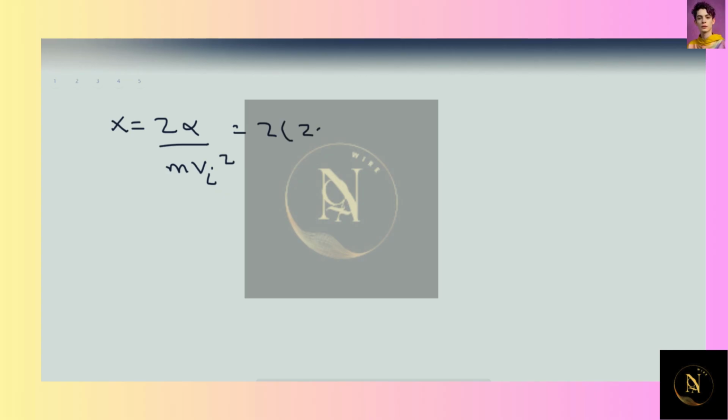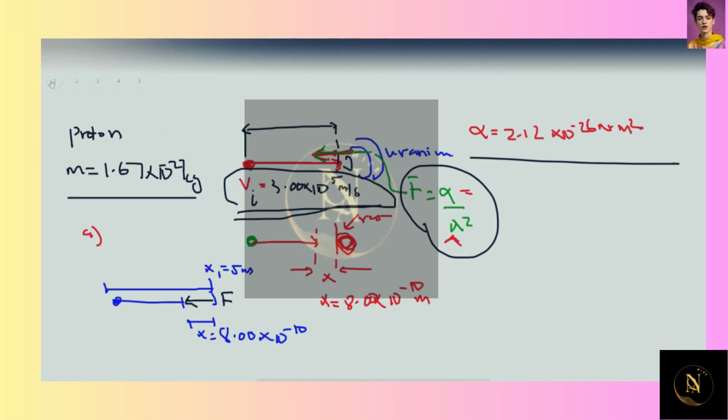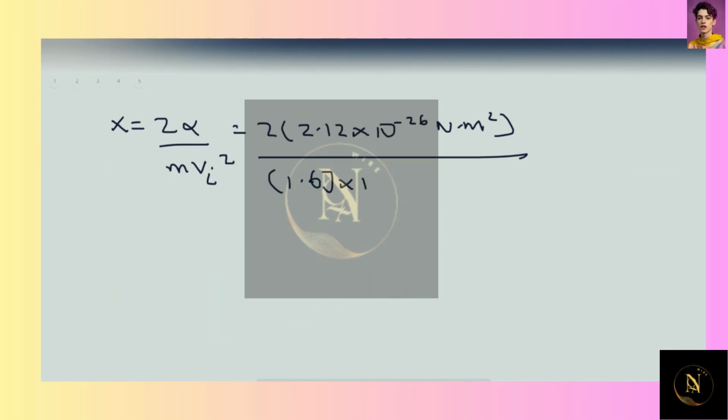It's always a good habit to keep your variables up until the end. Remember, alpha is 2.12 times 10 to the negative 26 newton meter squared. The mass is 1.67 times 10 to the negative 27 kilograms.